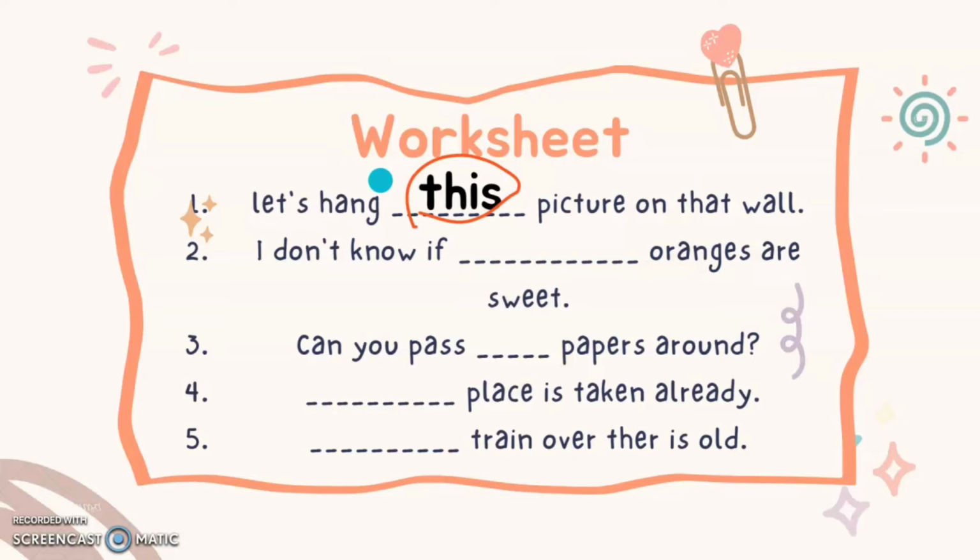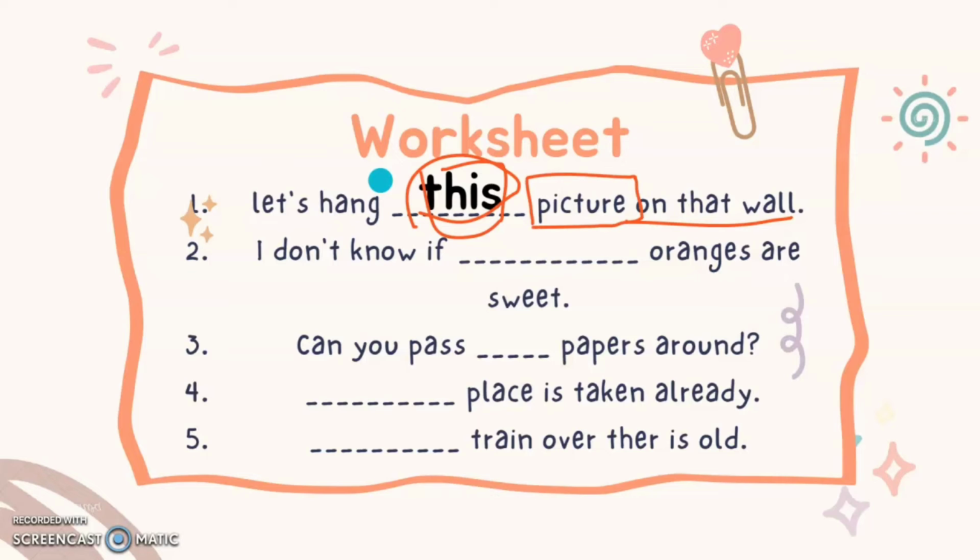Meaning, yung speaker ay tinuturo, he is pointing out the location kung saan ba isasabit yung picture. Meaning, hawak na niya yung picture. That's why we use our demonstrative "this." Bakit hindi yung "these" ang ginamit natin? Kasi ang ating object ay picture, which is a singular. Okay?